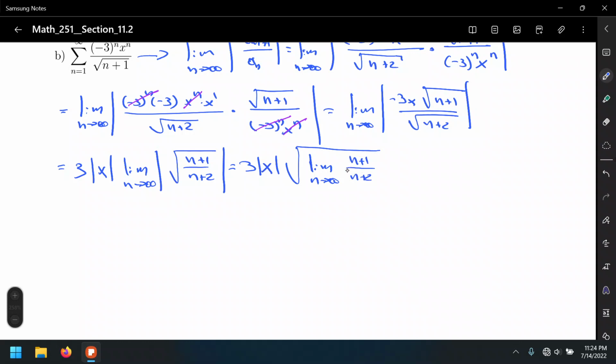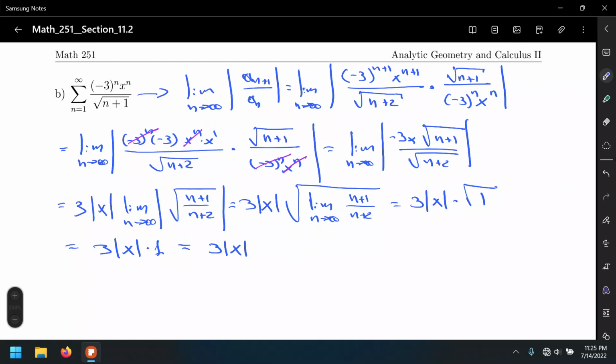Go with the ratio of the leading coefficients, which in this case are invisible ones. So we're going to have 3 absolute value of x times the square root of 1, which is 3 absolute value of x times 1, which reduces to 3 absolute value of x. Alright, so that's the limit.